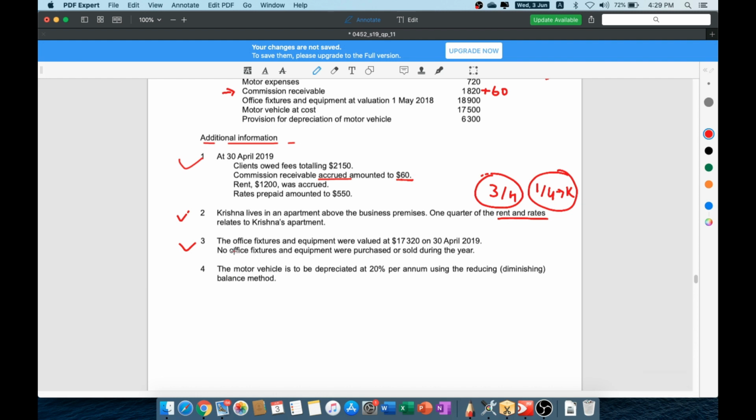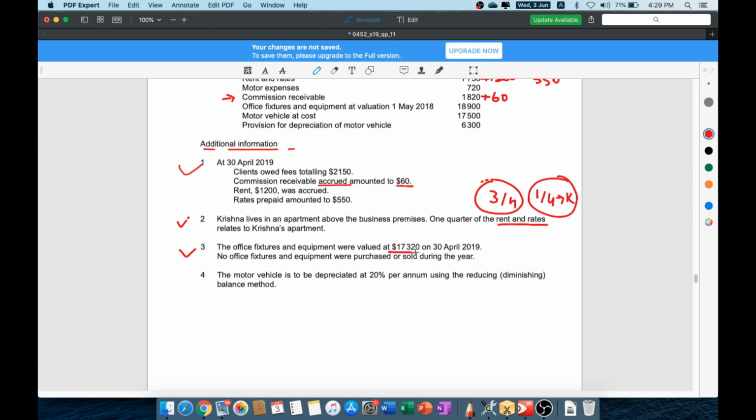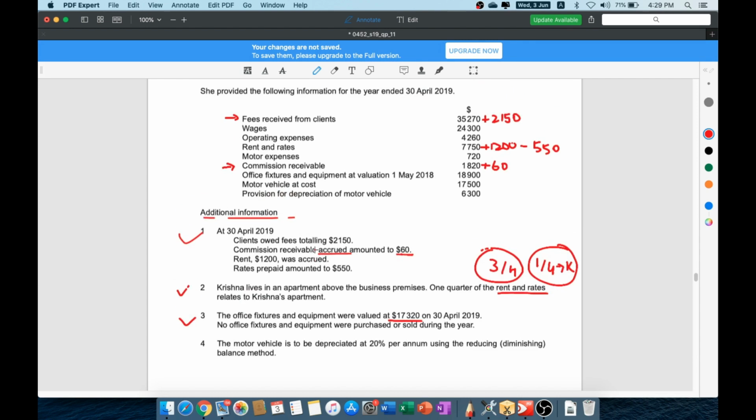All right, and then for the depreciation, he's given you the information here. Point 3. The office fixtures and equipment were valued at 17,320 on 30th April 2019. No office fixtures and equipment were purchased or sold during the year. So he's given you the ending book value for the year for the office fixtures and equipment, and he's given you the book value at the start of the year.